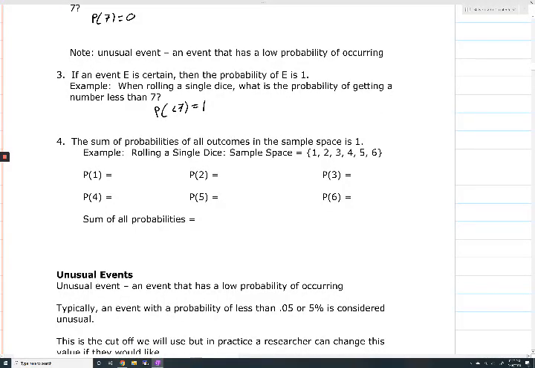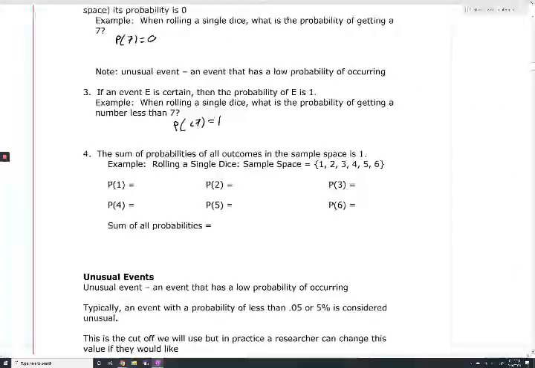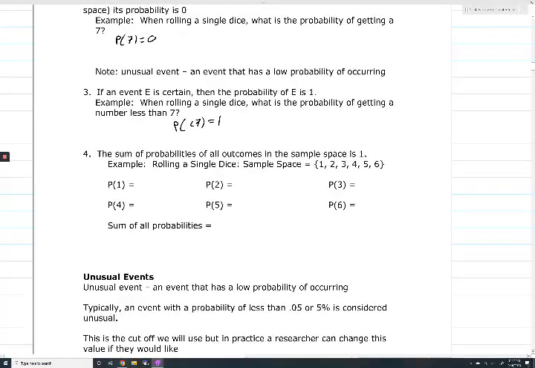And then the next one is the sum of all of the probabilities of the outcomes in a sample space must be 1. So as an example, we listed the sample space for a 6-sided die. That's 1, 2, 3, 4, 5, 6. We're going to find the probability of each of those outcomes. So that's a 1 in 6, 1 in 6, 1 in 6. All of those individual outcomes have a probability of 1 in 6, which means the sum of them is 1.